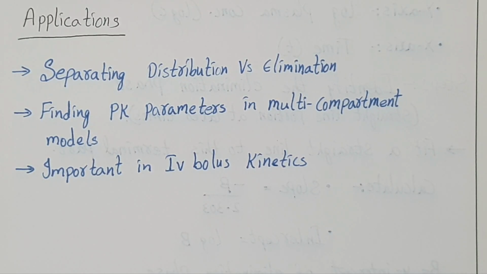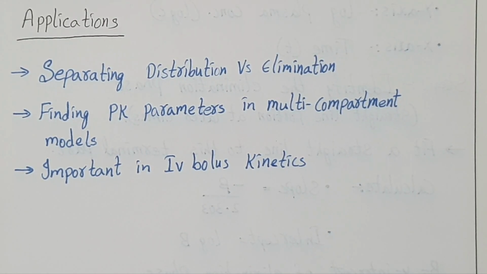Common doubts. Some students will have doubts. The first common doubt is why subtract residuals? To isolate the distribution phase from the total plasma concentration. The second question is, do we always need this? No, only in two-compartment models where phases are not clearly visible.